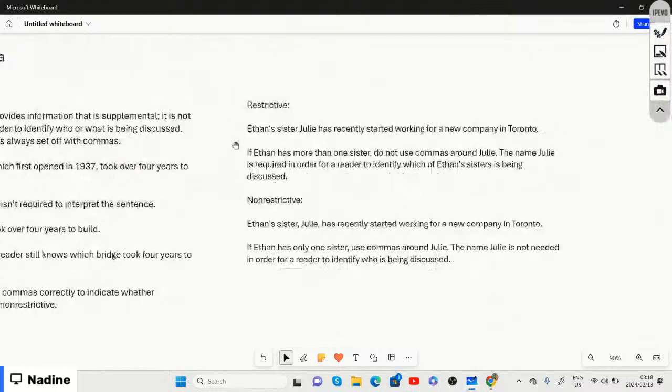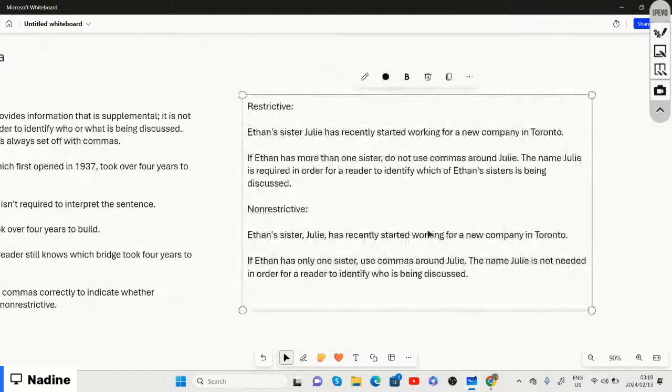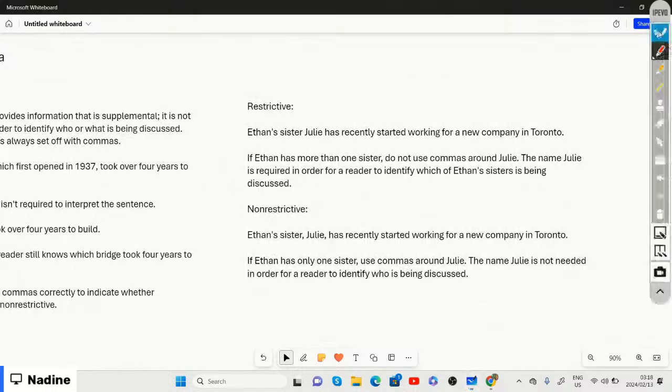And now if we look at an example of restrictive as well as non-restrictive elements. When it comes to restrictive elements: Ethan's sister Julie has recently started working for a new company in Toronto.